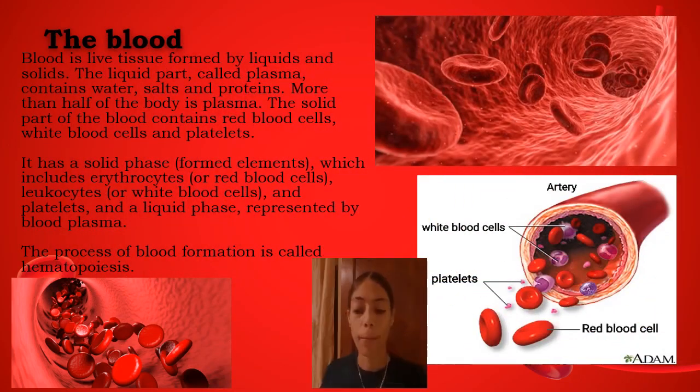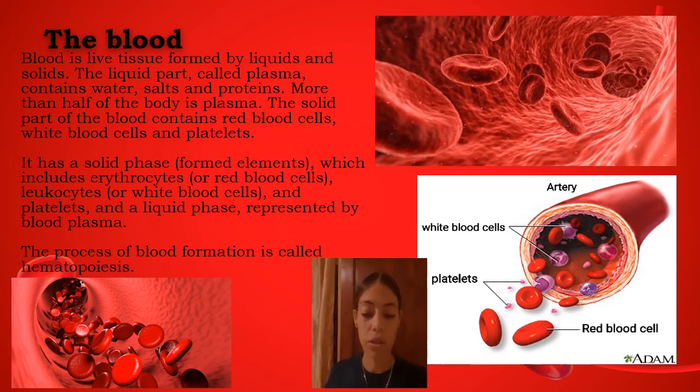Blood is a tissue with liquid and solid parts. The liquid part, called plasma, contains water, salts, and proteins, and makes up more than half of the blood. The solid part contains red blood cells, white blood cells, and platelets.